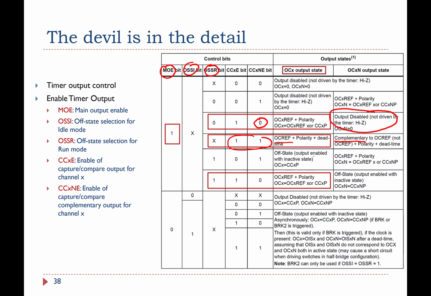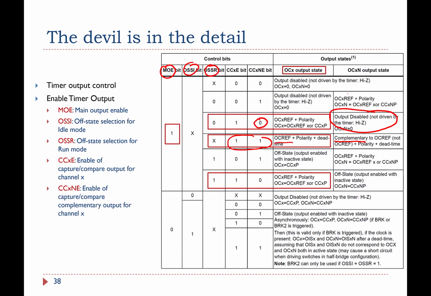It's telling you what happens with certain things, or you have that polarity bit that we talked about. And remember, what does the polarity bit do? If you look at OCREF and then you look at the polarity bit, it can just basically switch the way the output would be. And that's what it's trying to show here.